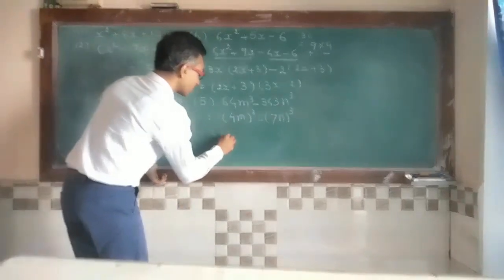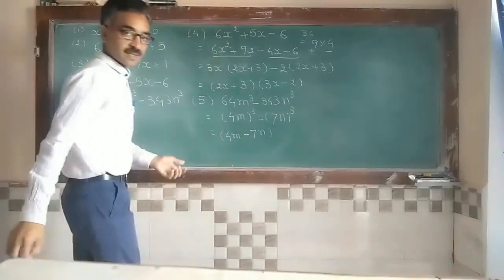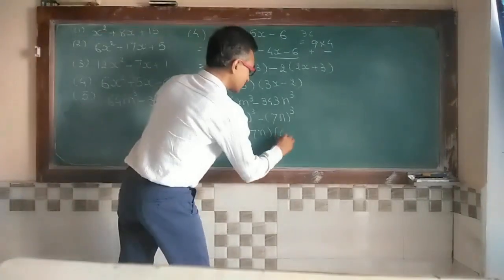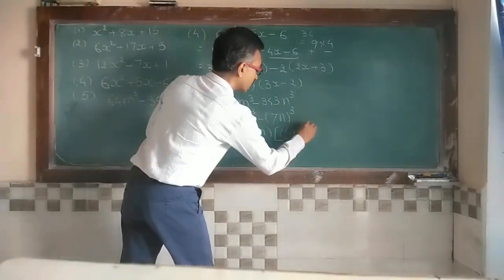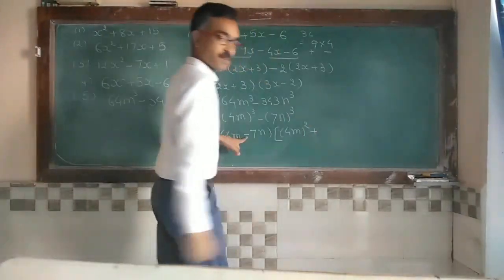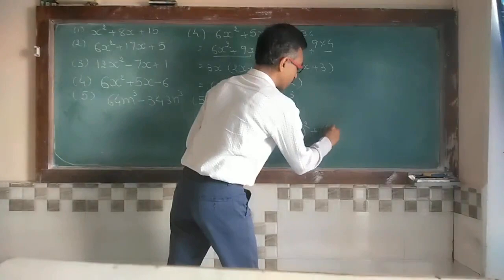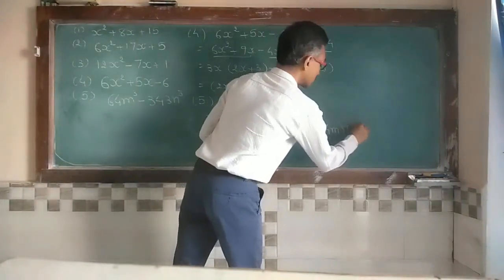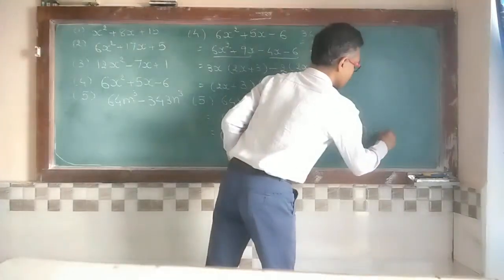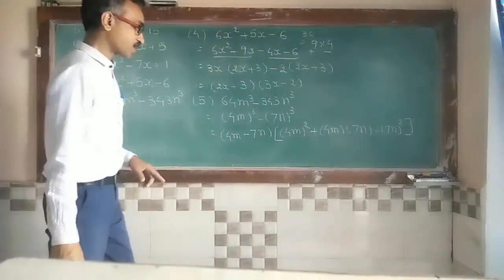So see here, 4m minus 7n into second bracket, a square, that means square of 4m. Here minus is there, you have to put plus, multiplication of a and b, that means 4m into 7n. The last term plus b square, that means 7n whole raised to square.